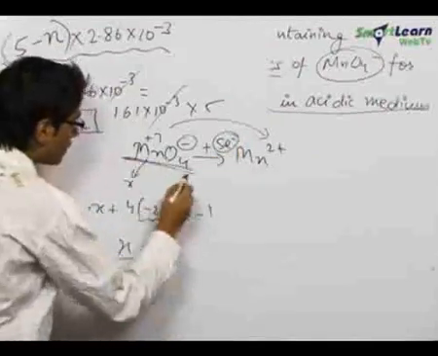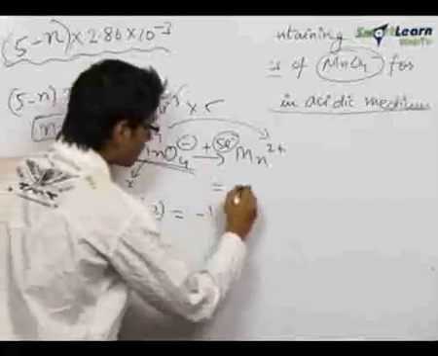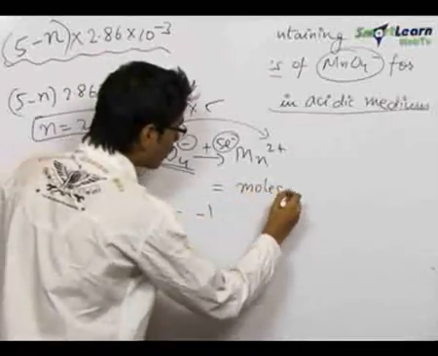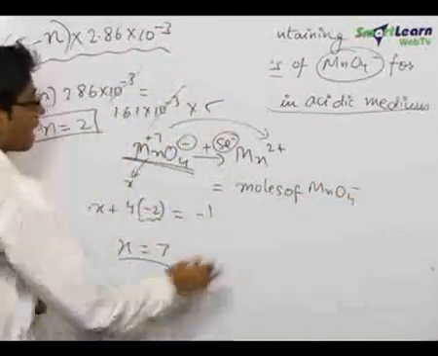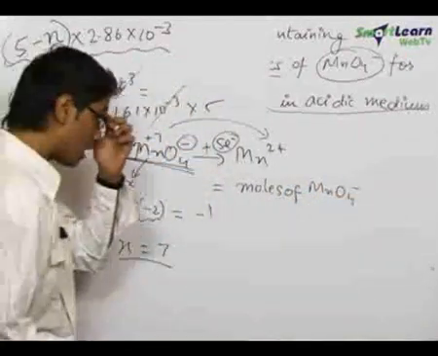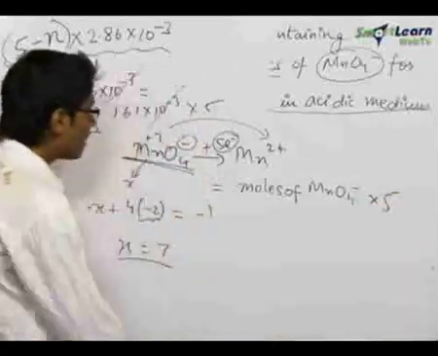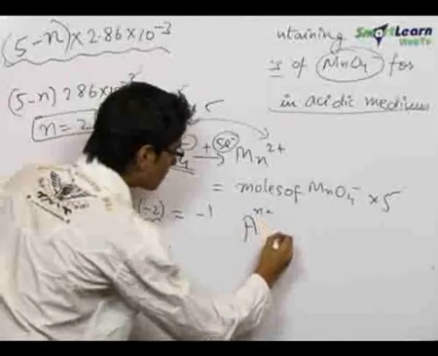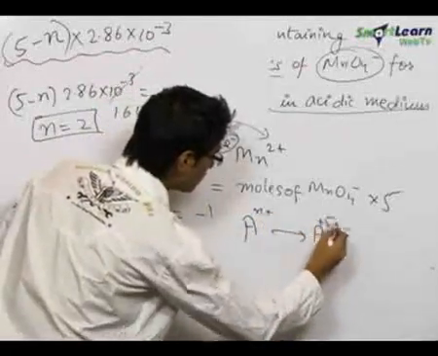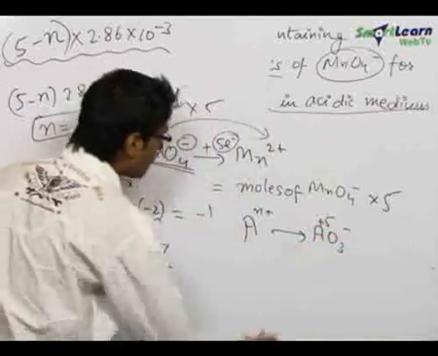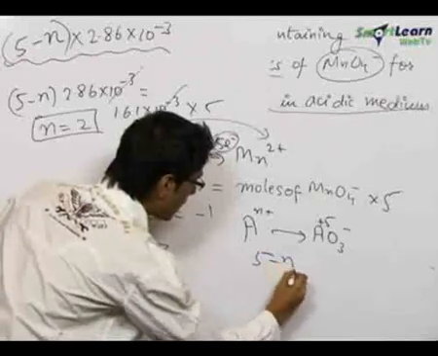So the number of equivalents of MnO4^- was equal to the number of moles of MnO4^- into the n factor, and the n factor is defined as the number of electrons getting transferred during the reaction, which is equal to 5. Similarly, A^n+ was getting oxidized to A^+5, so the number of electrons getting transferred was 5 minus n.